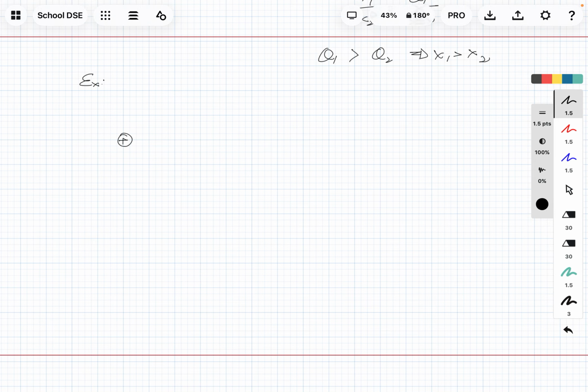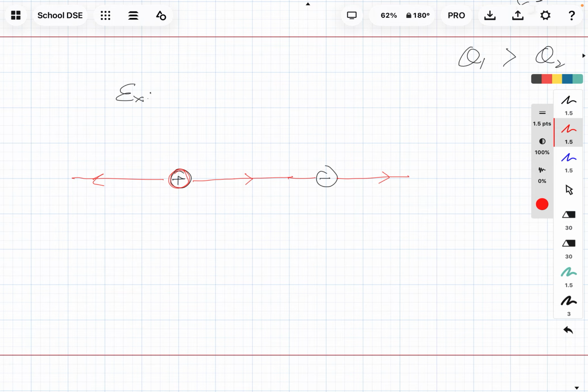And since the uppercase M is bigger than the lowercase m, then we have x1 bigger than x2. Therefore, x2 is smaller, so the neutral point should be closer to the smaller mass. Sorry, this is 2.